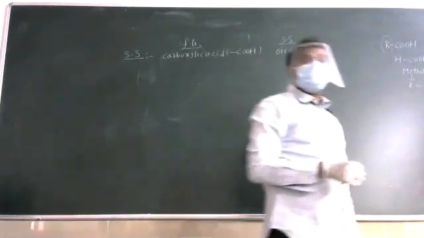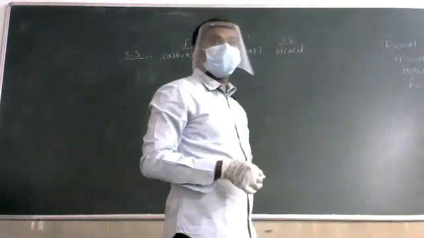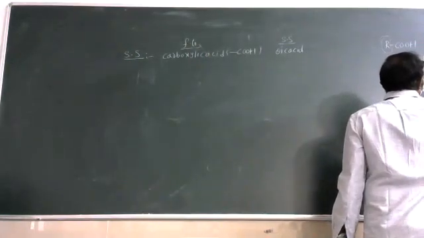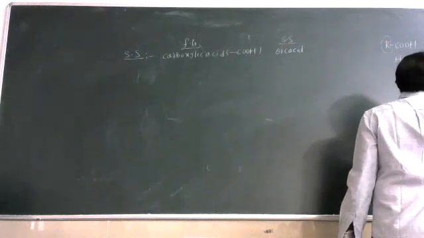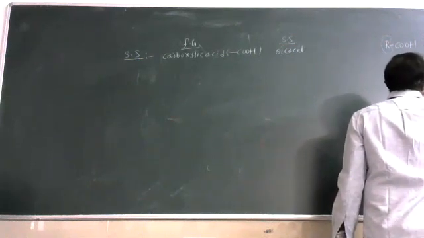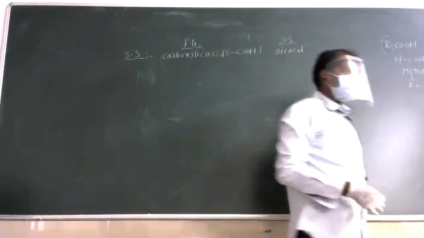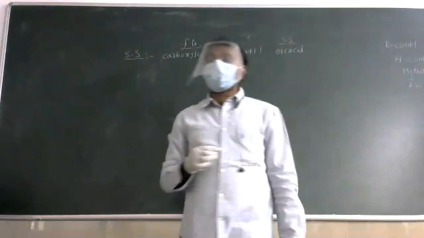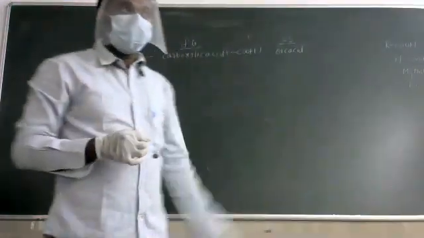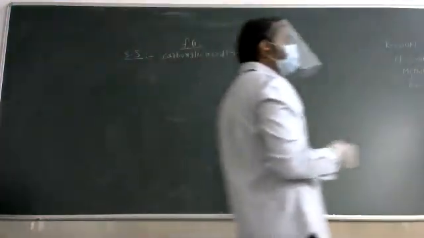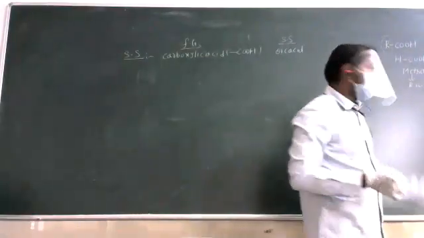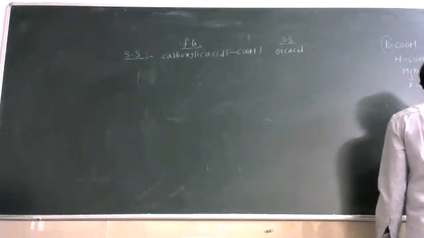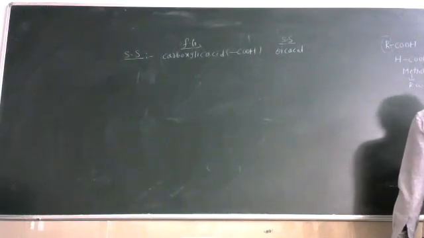What is the secondary suffix? Oic acid. The E is dropped by oic acid. So what is the organic compound name? Methanoic acid. That is the IUPAC name of the carboxylic acid.